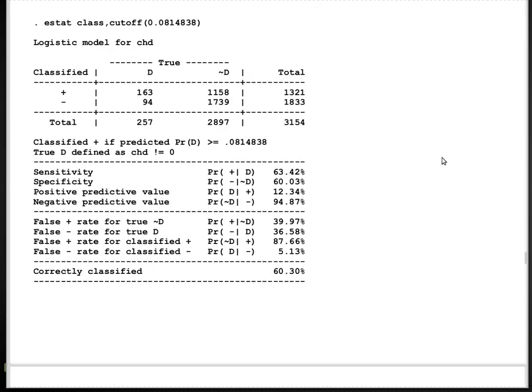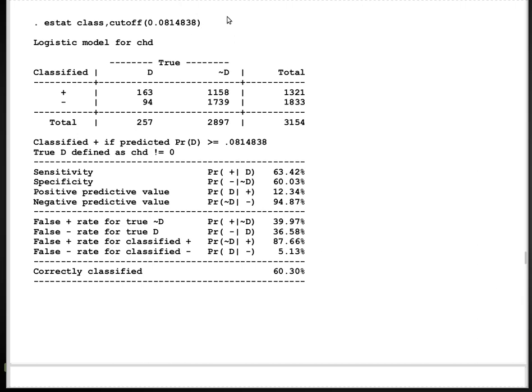So in Stata, there's a post-estimation command, estat, that would give us the ingredients that we might like to see. We are going to get estimates of the sensitivity and of the specificity based on this particular threshold.